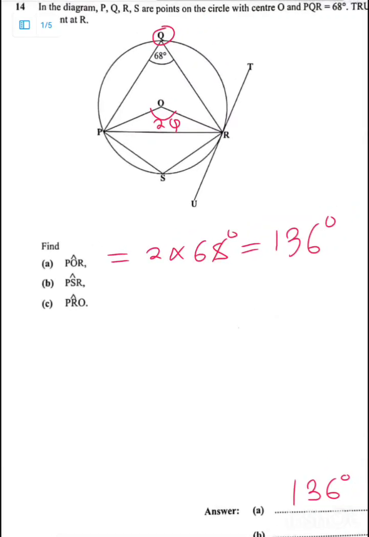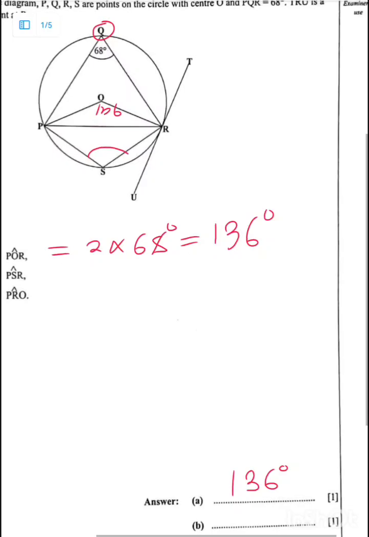Then let's go for B. We found that this one is 136. So now let's go to B. B says PSR, this angle here. Again, let's go back.